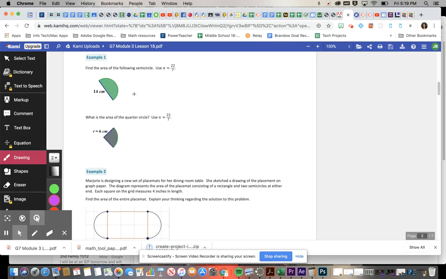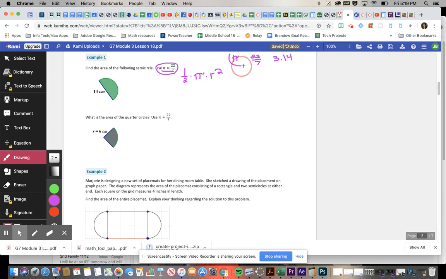All right, on to example 1. Find the area of the following semicircle. Remember, we're going to use that formula, half times pi times radius squared. And in this case, it says use 22 over 7, the fraction form for pi, because we can write pi as pi, or if we want it to be exact, we can write it in fraction form, 22 over 7, or 3.14.